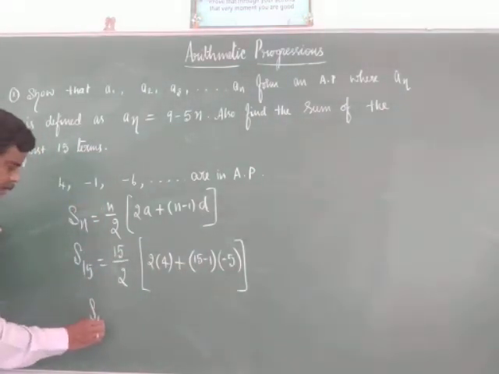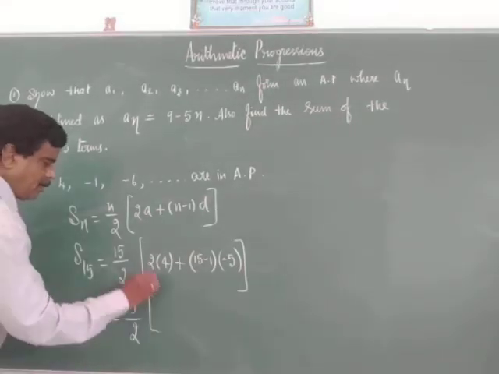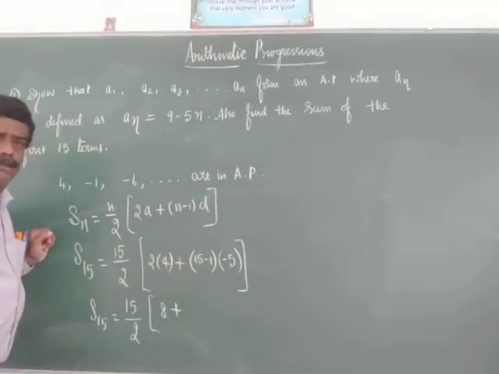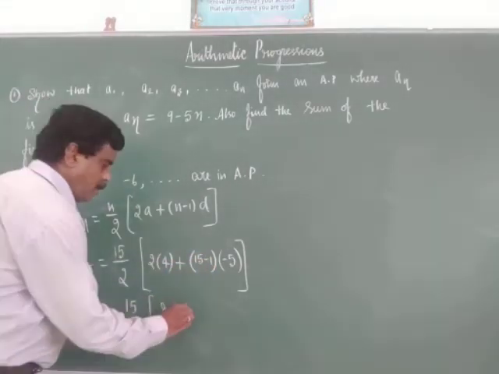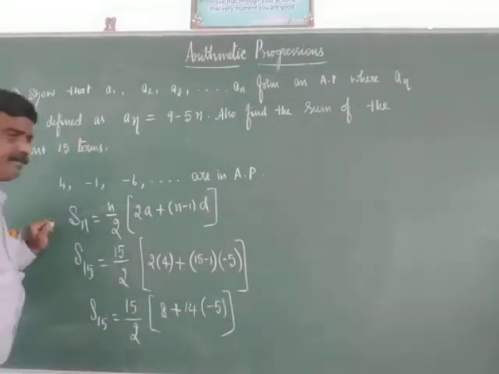So S15 is equal to 15 by 2, let it be as it is, into 2 4s are 8 plus 15 minus 1. 15 minus 1 is 14 into minus 5.